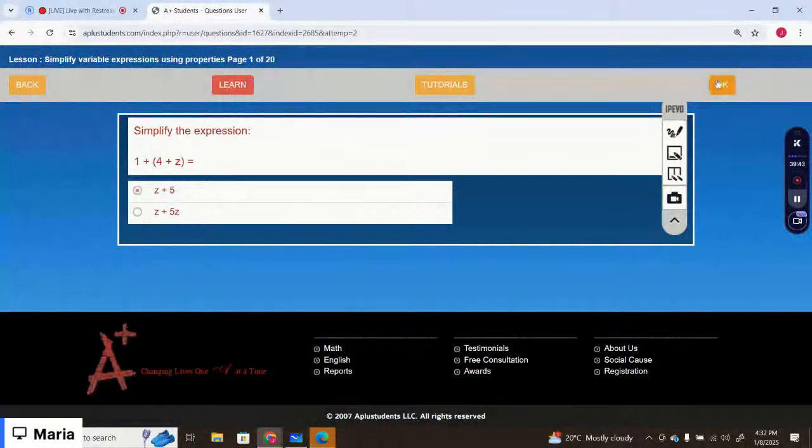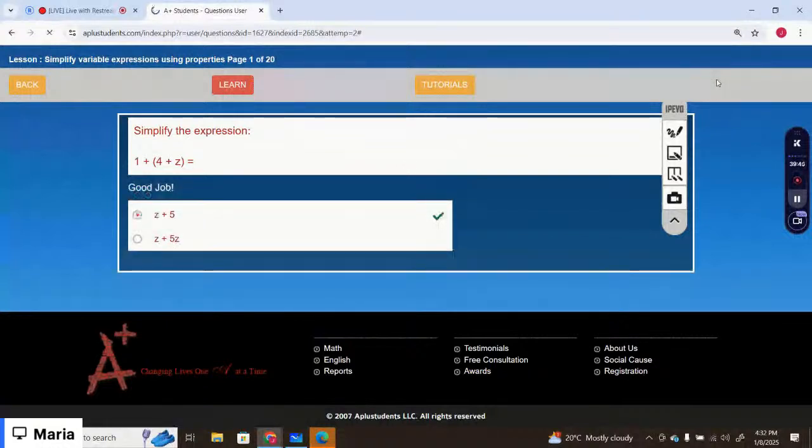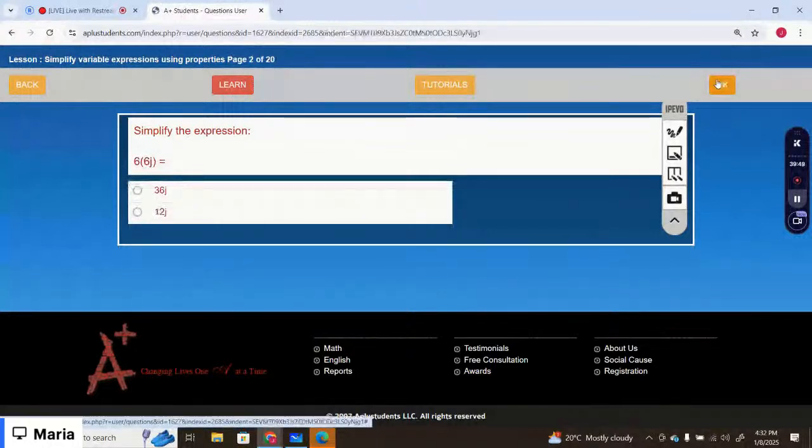Option number 1 is the correct option. Simplify the expression. That is 36J.